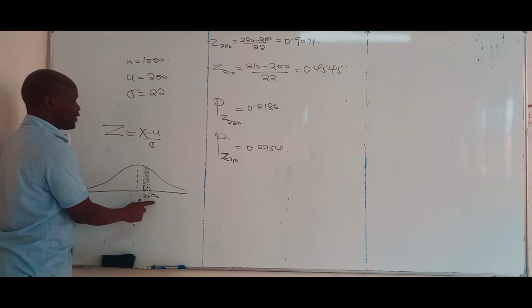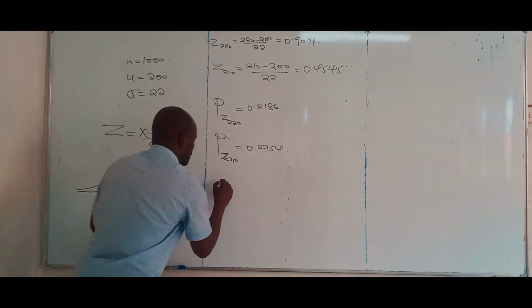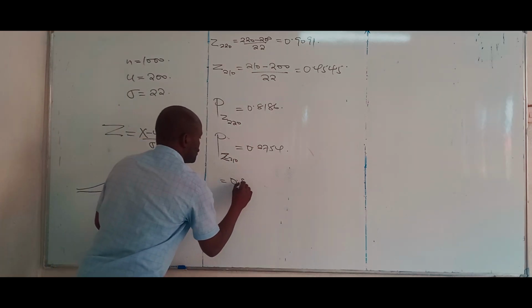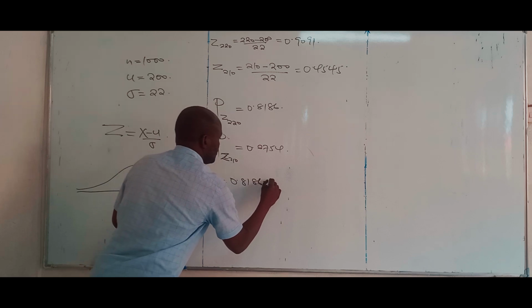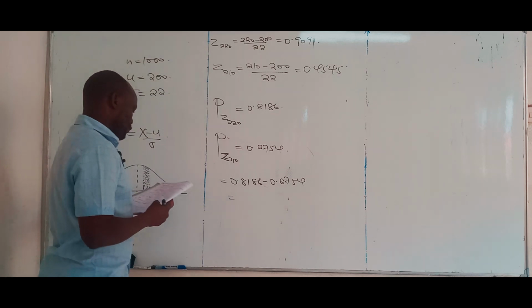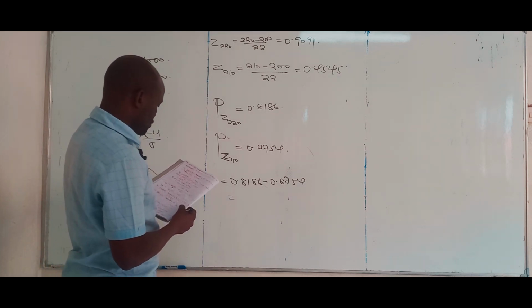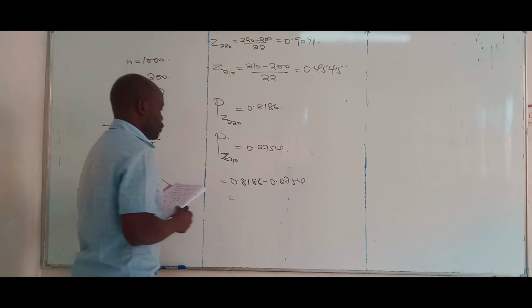So to get the shaded area, we subtract this from this, which will be 0.8186 minus 0.6754. If you work out that difference, you should get 0.1432.